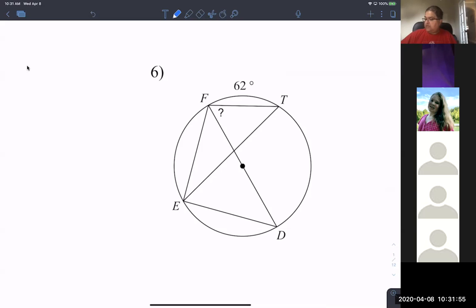Arc TD. So the arc TD is 118. And you divide it by 2 because the angle is half the arc, and it's 59. Good. Perfect. Any questions?